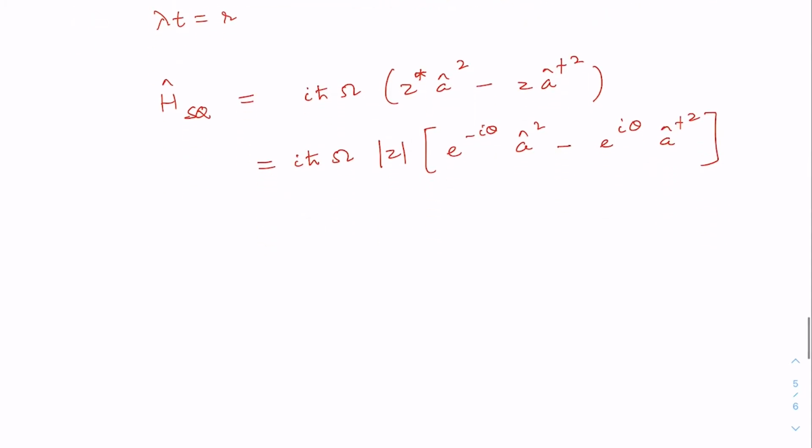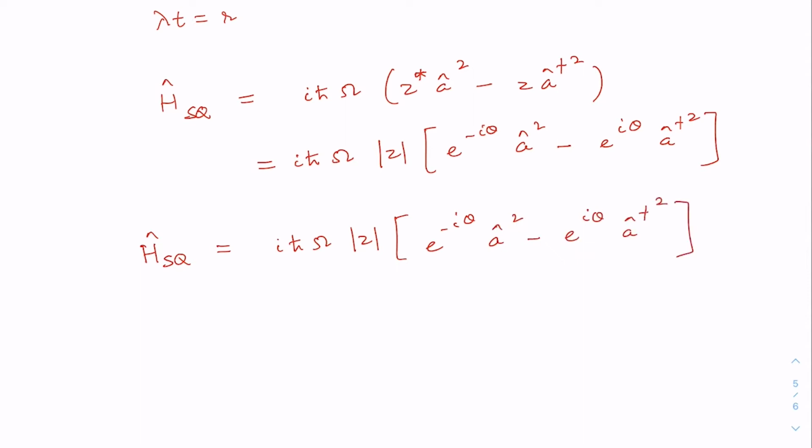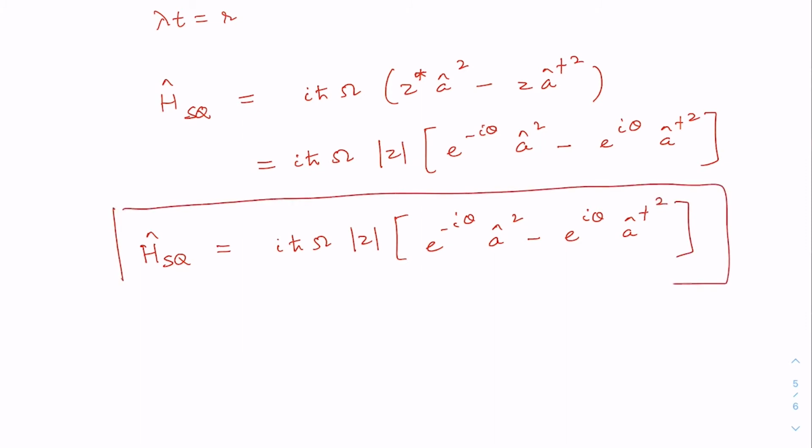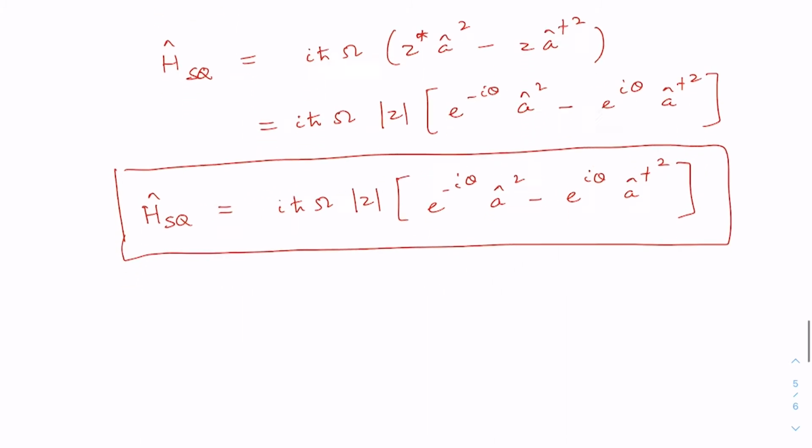Finally, the squeezing Hamiltonian is i h cross omega mod z times e to the power minus i theta a square minus e to the power i theta a dagger square. Okay, let me box it. So this is what I got.